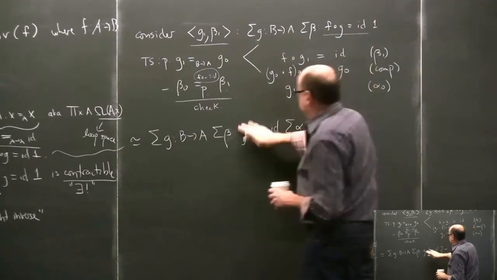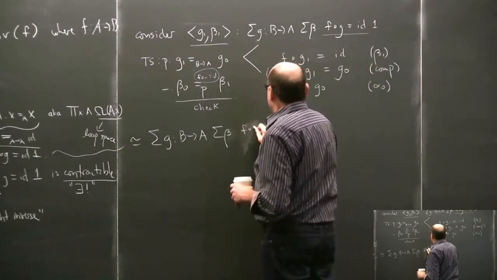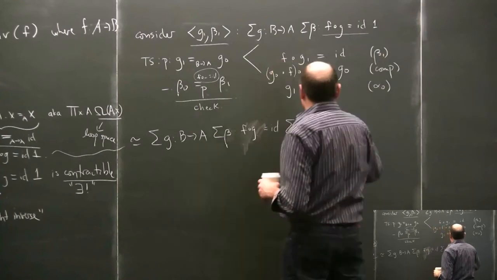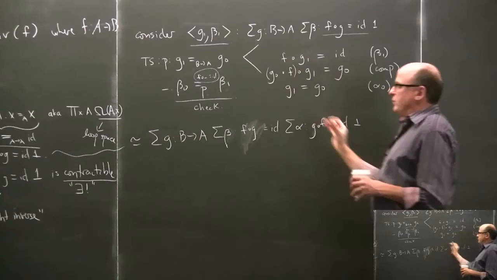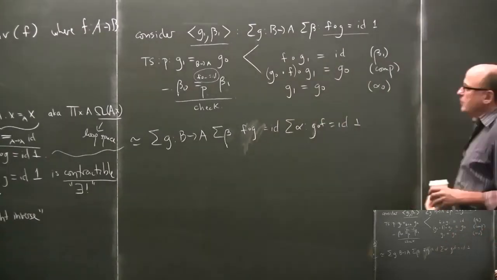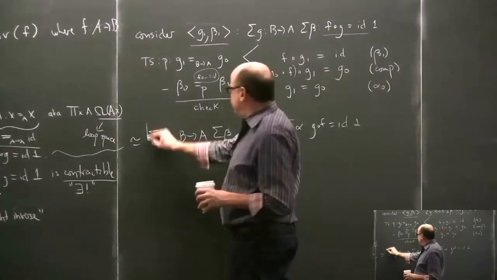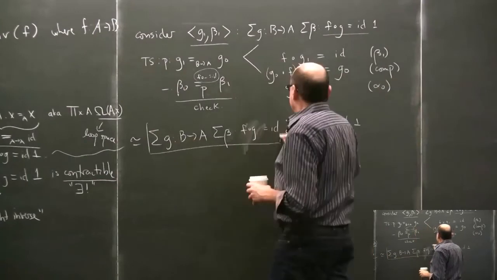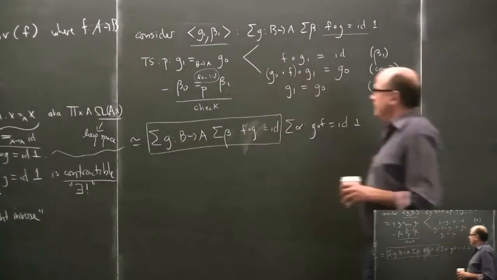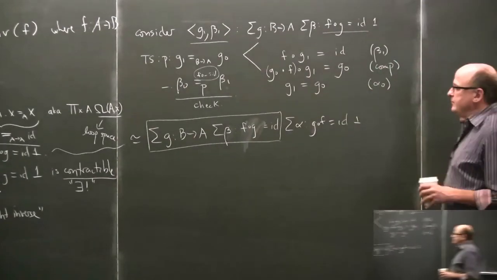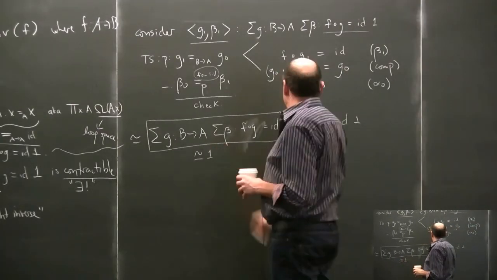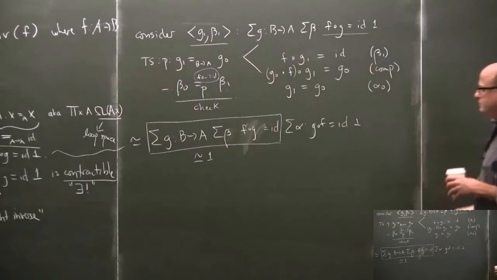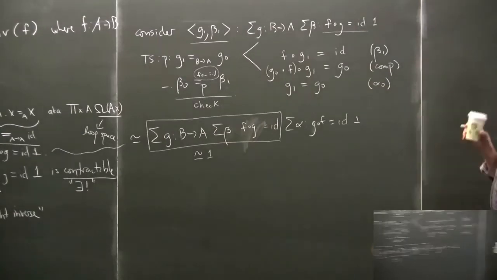And this will be G composed with F as the identity. So what we've shown is that this piece of it is contractible. So this is equivalent to 1.